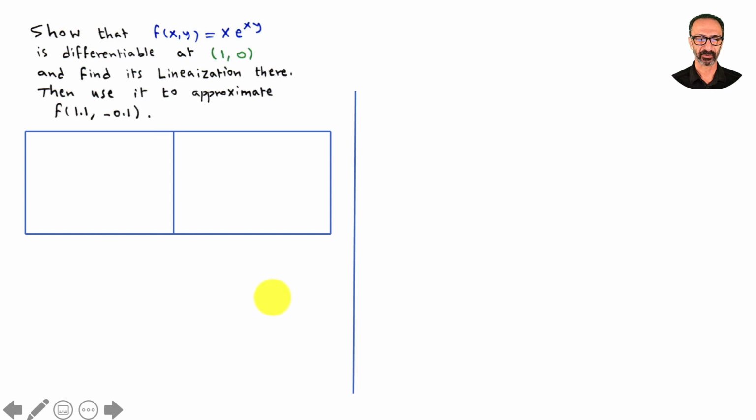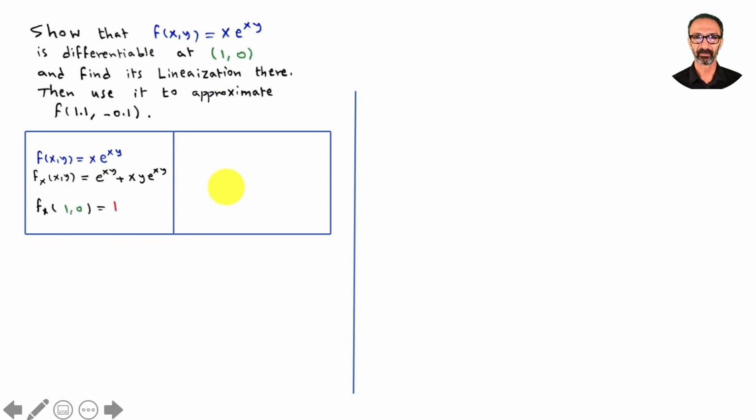Let's find the slopes. f of x, y is written again. The first derivative with respect to x, you use the product rule and the chain rule. Plug in 1 and 0, that's my point. So that's the slope of t1.